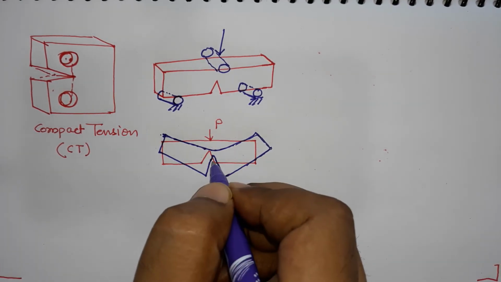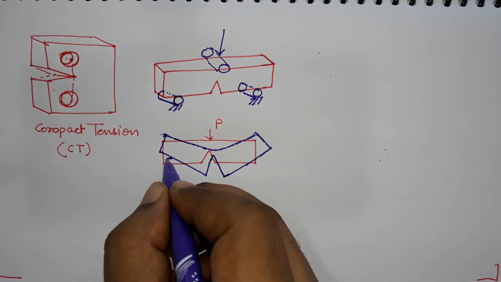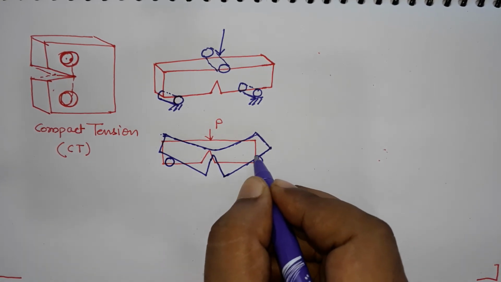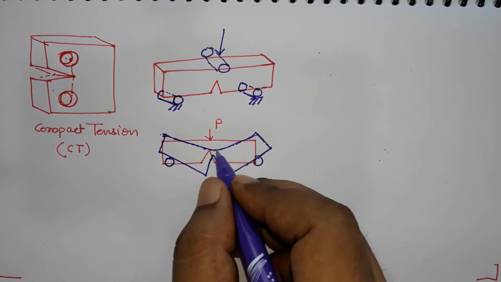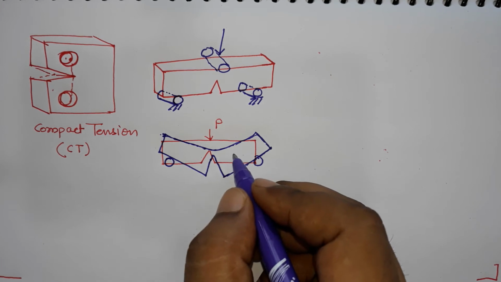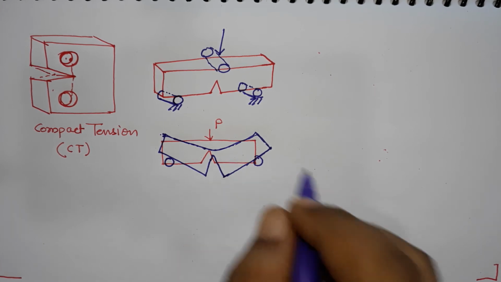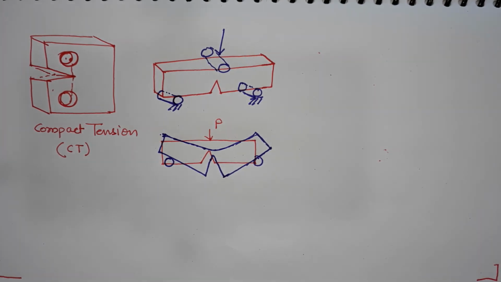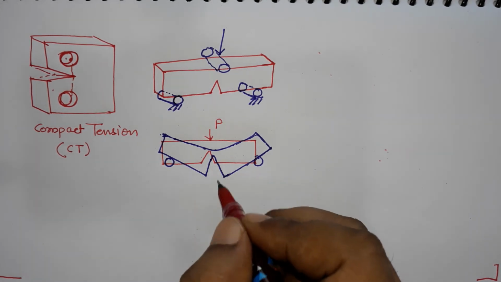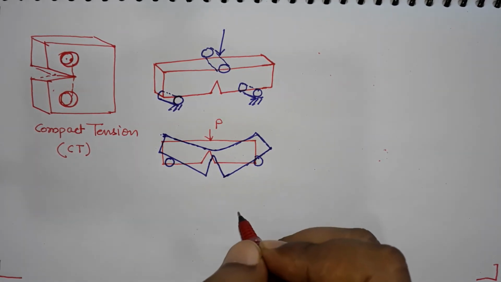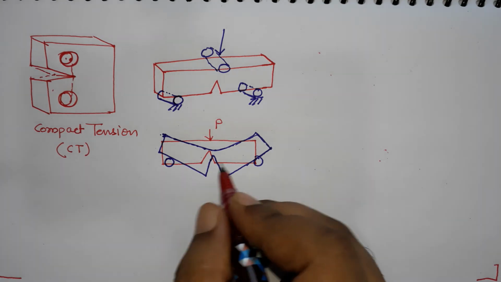Because you have applied the force here, it will bend, and the rollers will be here. It will bend, and the crack will grow if you have crossed the K1C, the fracture toughness value. The crack will grow from the initial value, and this is how the specimen will be tested. So, this is 3-point bending.